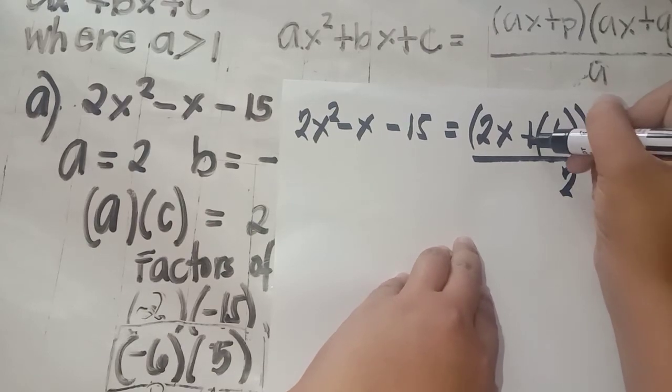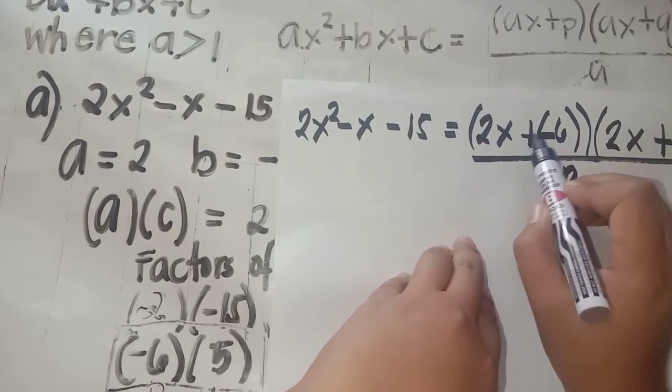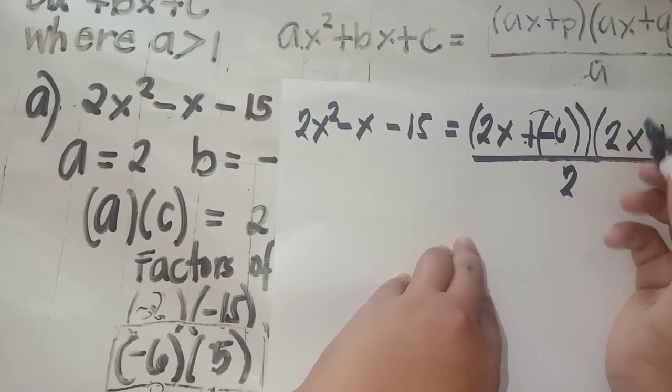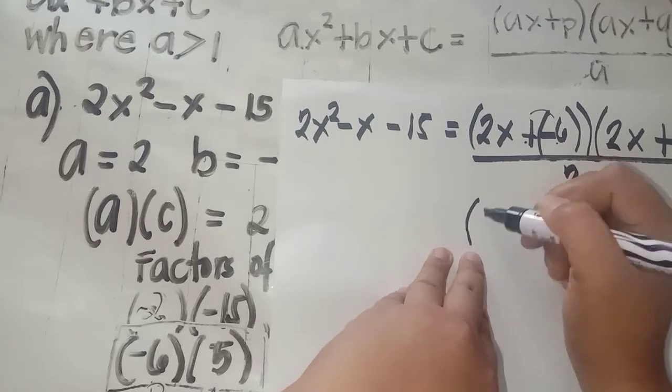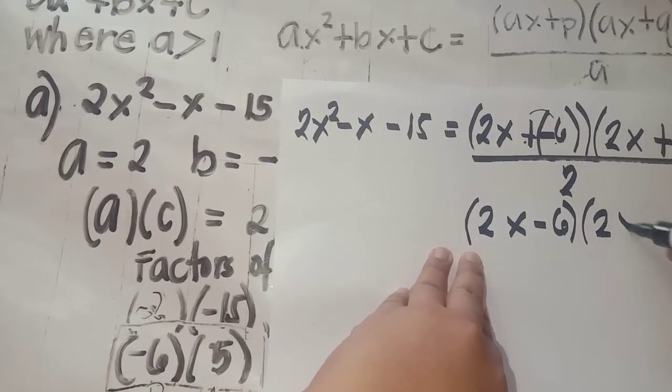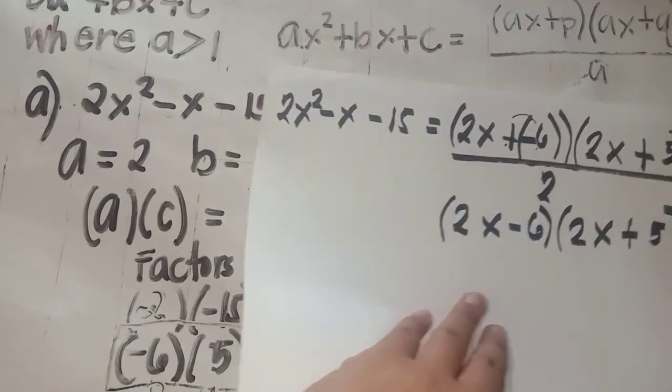Notice we have positive and negative, so just multiply: that is 2x minus 6 times the quantity of 2x plus 5.